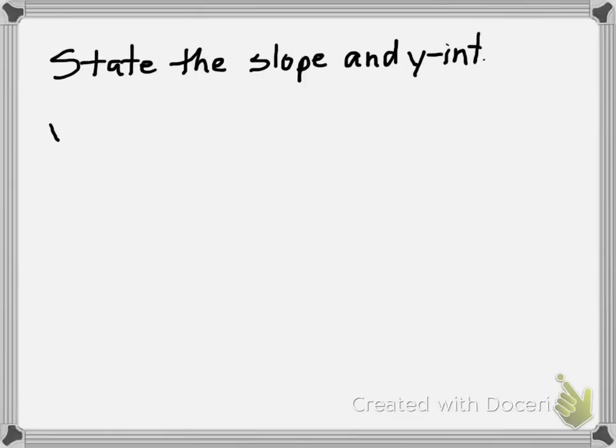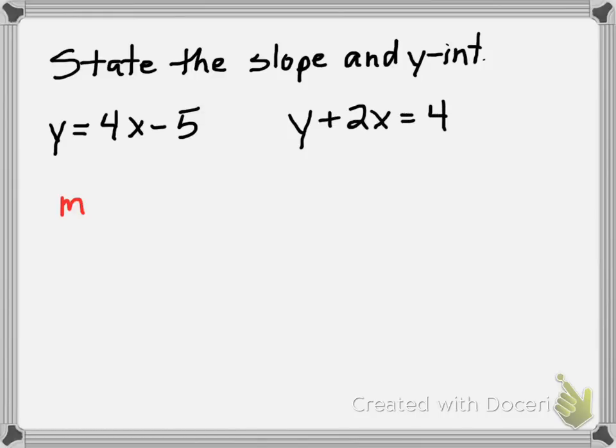Okay, and for these problems, all we have to do is state the slope and the y-intercept. Okay, so you've got one equation, y equals 4x minus 5, and another equation that says y plus 2x equals 4.